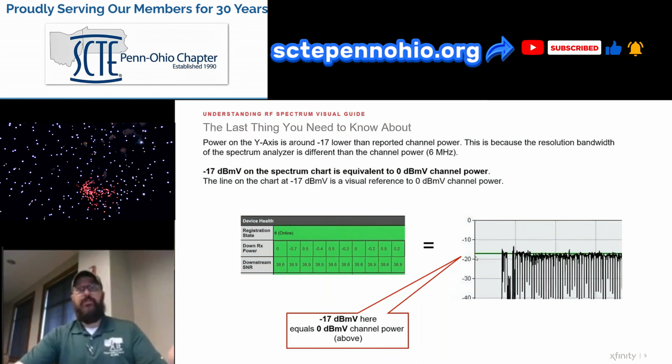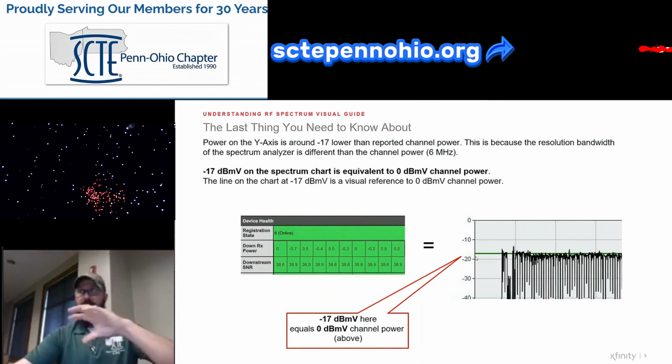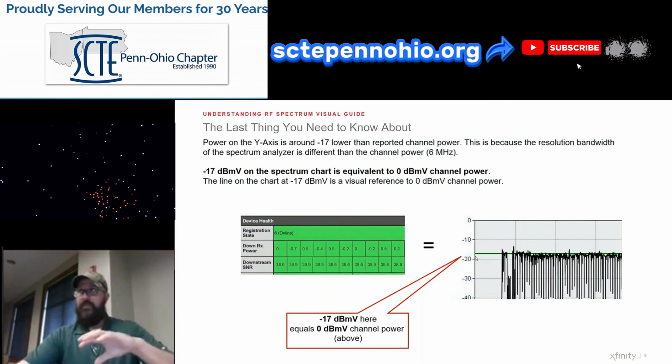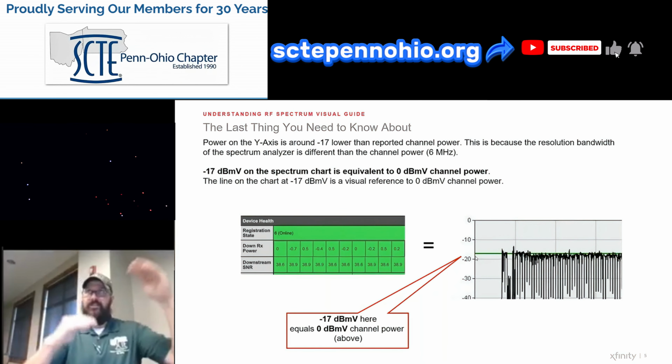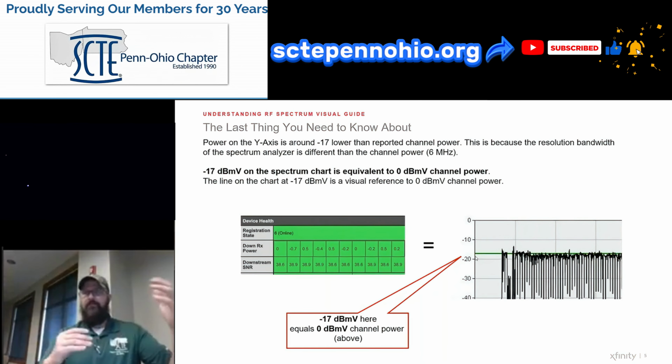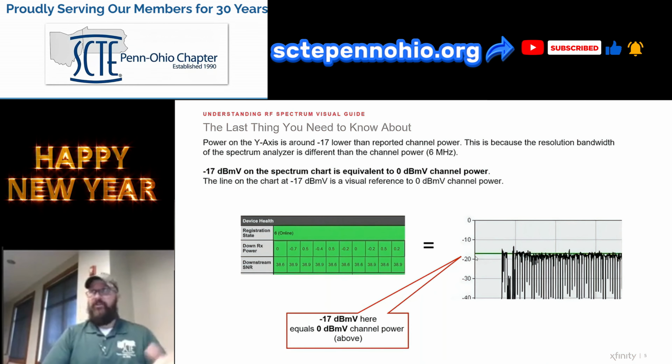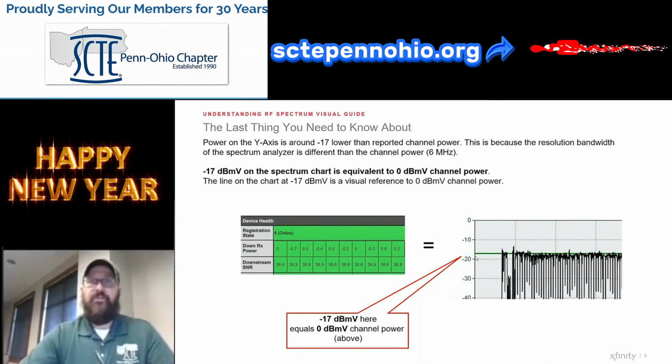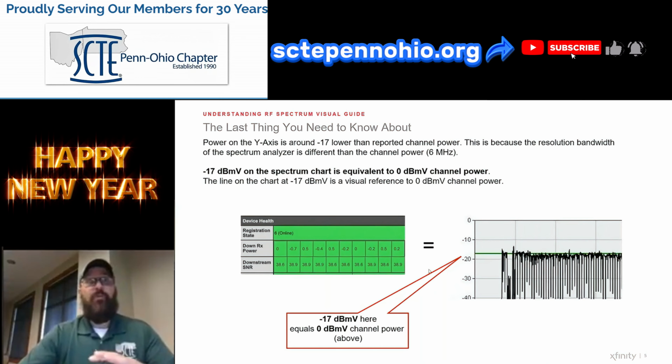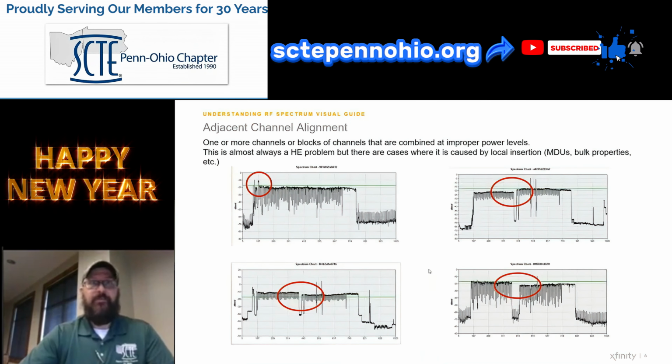Now, some tools could be slightly different. It's a logarithmic equation that determines the delta there. Some other tools are 18, some could be 15, but most of them are somewhere around 17 dB delta.